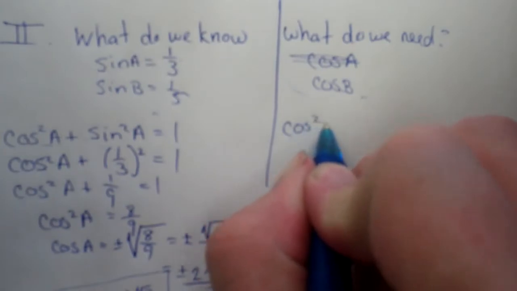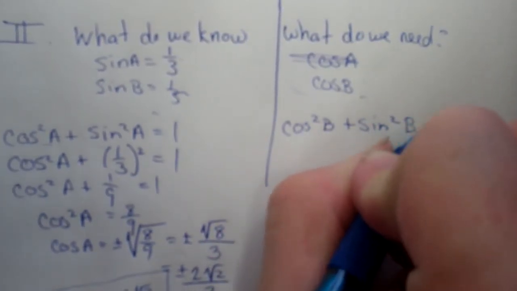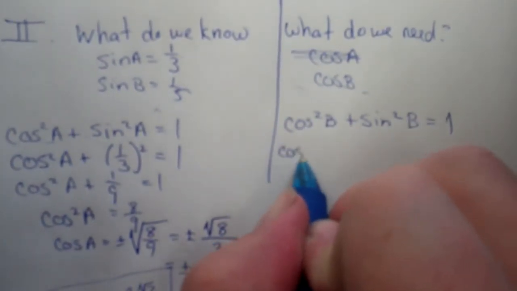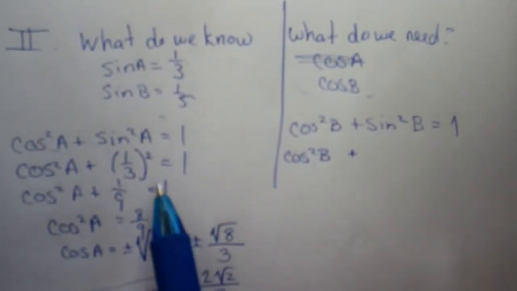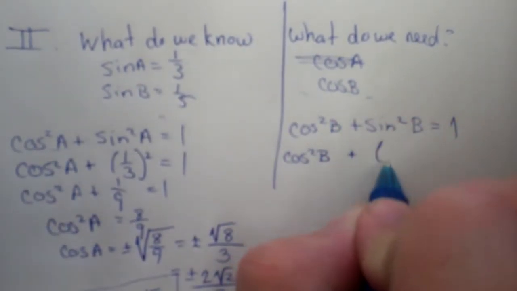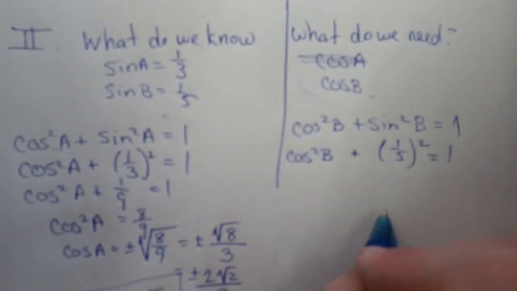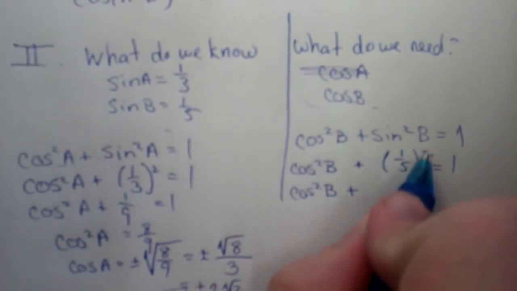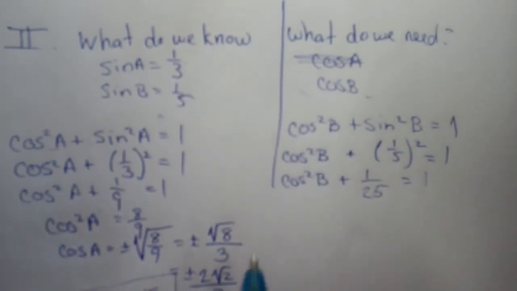So we have cosine squared B plus sine squared B is equal to 1. So the cosine squared B plus, what do we have here? Oh, the sine of B is 1/5. So this is 1/5 squared is equal to 1. So this is cosine squared B plus 1/5 squared, which is the same thing as 1/25, is equal to 1.